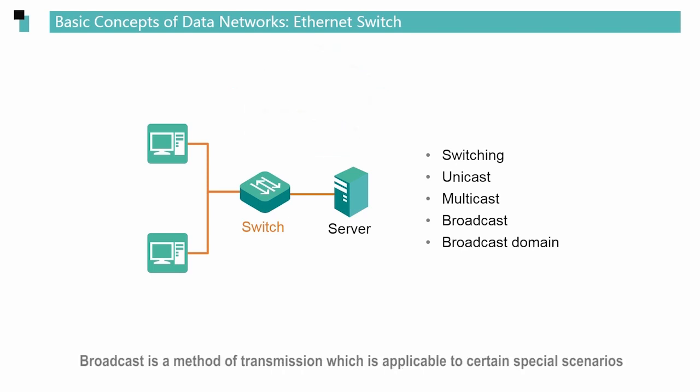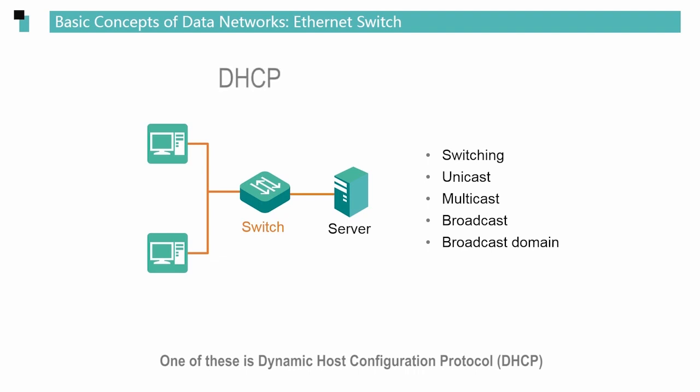Broadcast is a method of transmission which is applicable to certain special scenarios. One of these is Dynamic Host Configuration Protocol, DHCP. In order to access the network, a host requires an IP address.